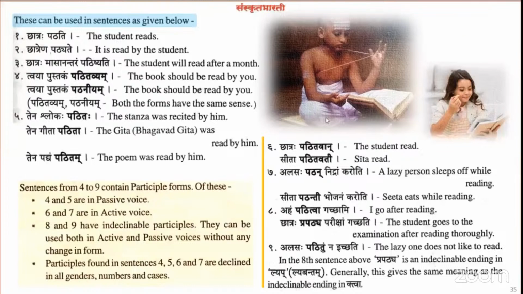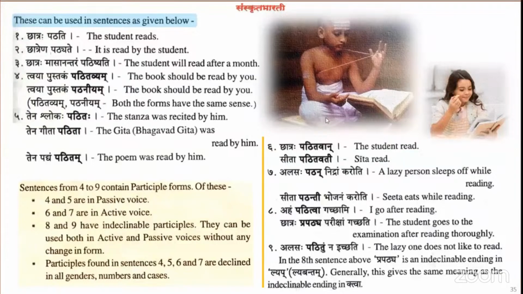Alasena pathitum na ichhate. It has to change. Na ishyate, not ichhati. Ichhati will change its form, because I have taught in the Pravesa lesson also that some verb forms change.